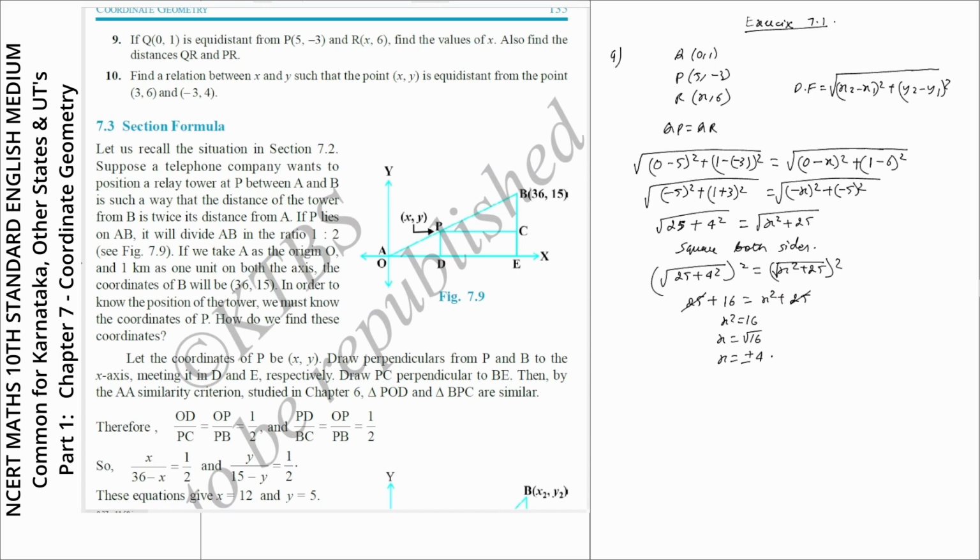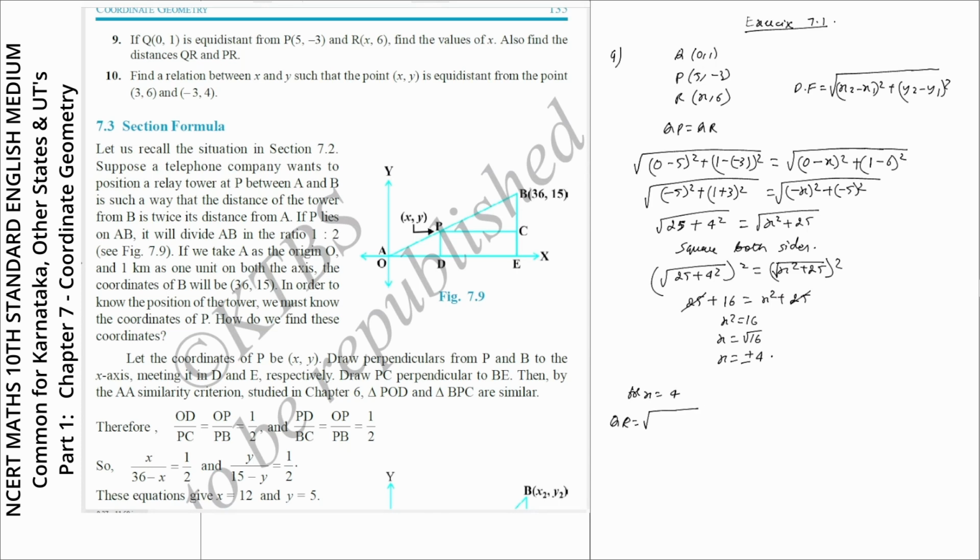Now we should find the distance QR and PR. First, for x is equal to plus 4, I'll find QR.